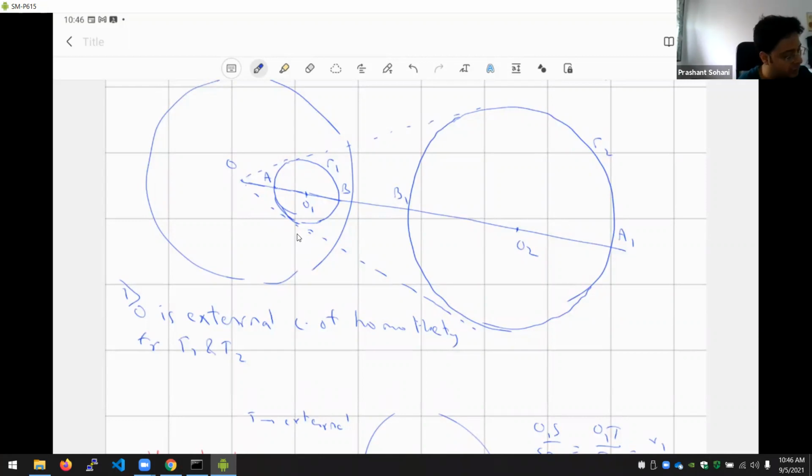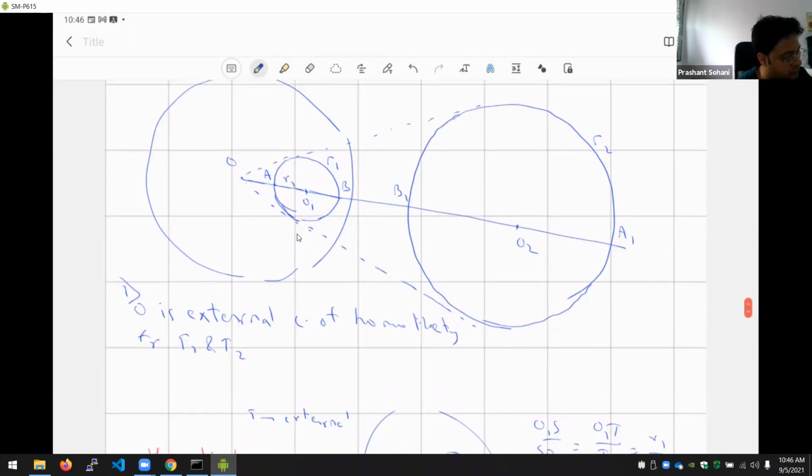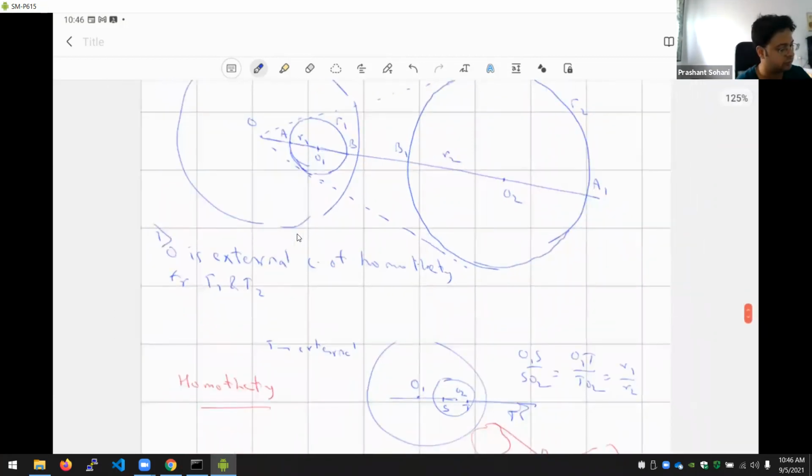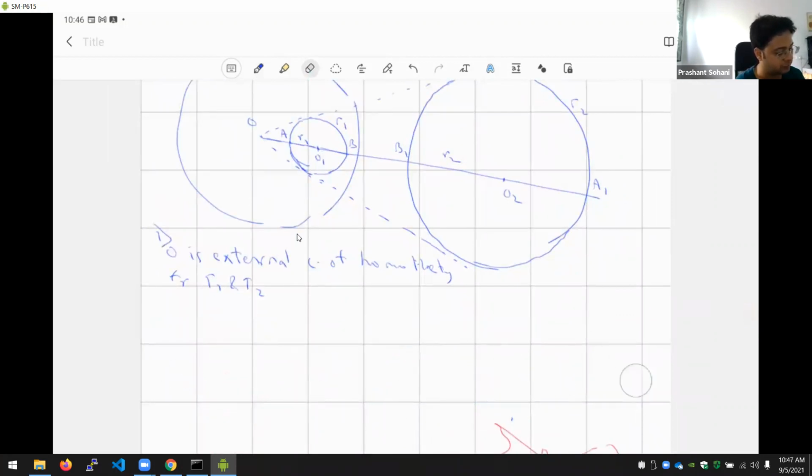If I call the radii of my two circles R1 and R2, then what is enough to show? What fact, if I show, will imply that O is the center of homothety? Again, given OA times OA1 equals OB times OB1, which is equal to R squared.